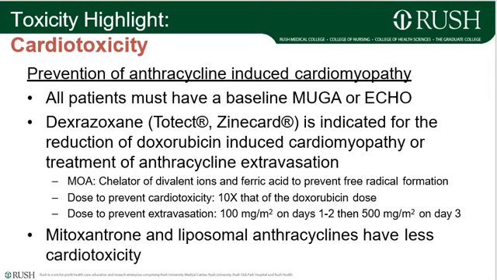This drug is a chelator of some of these more potently reactive divalent ions and ferric iron moieties, which prevents free radical formation. In order to prevent the cardiotoxicity, you typically give 10 times the doxorubicin dose. And of course, there are other dosing guidelines there as well to prevent extravasation.